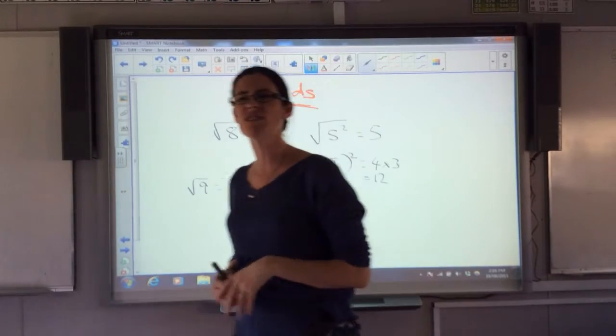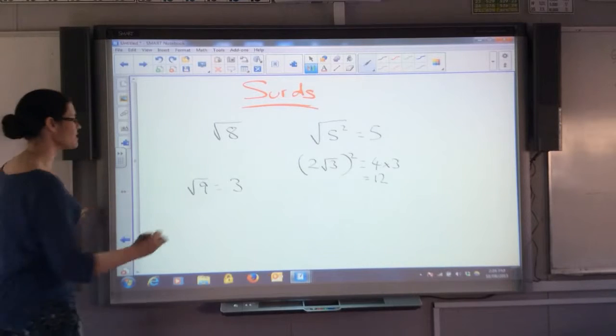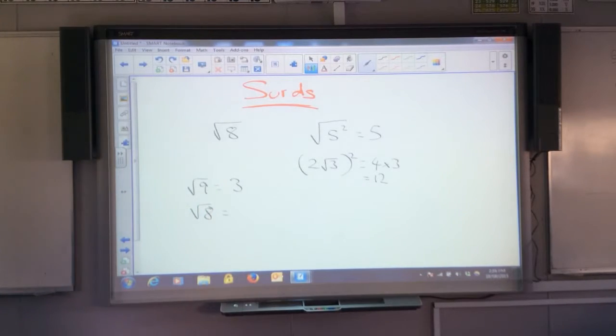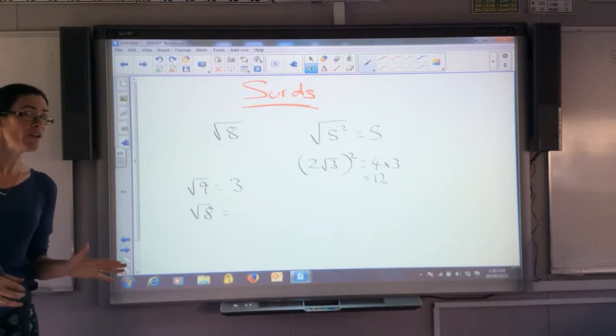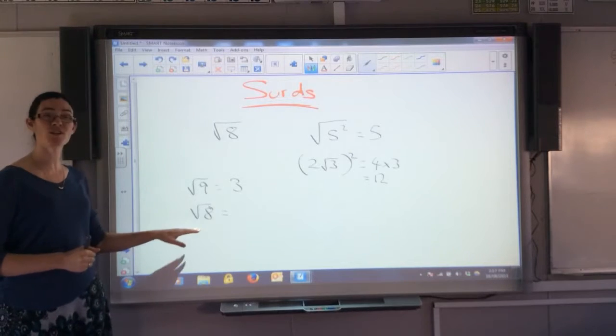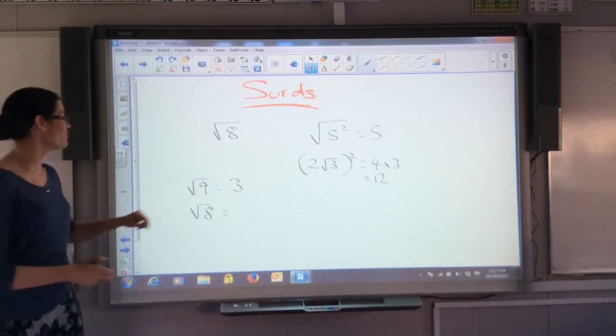If it's one of those, you can just square root it. If I have, for example, this one, the square root of 8, it's not a nice number. And I don't want to go for the calculator because we like to have exact answers, don't we? We don't want to have decimals. They stop you from getting full marks.